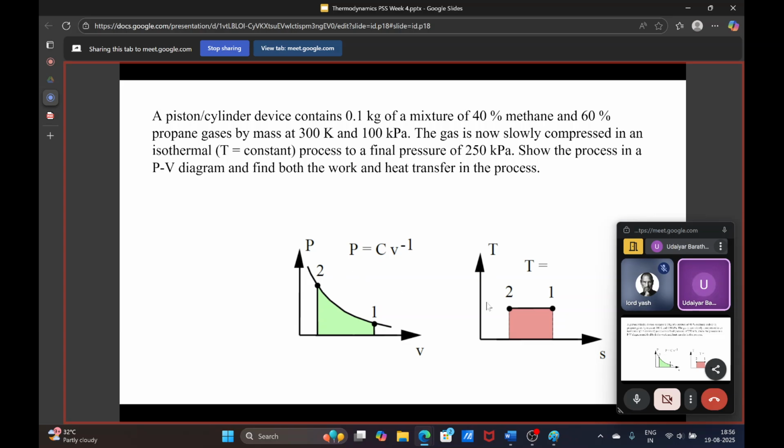TS you will see later, you can see the TV diagram. So one is at lower pressure, higher volume, and the pressure is at 100 kilopascal. You are compressing it isothermally. So this is how the process will look, 1 to 2. And similarly in a TV diagram, it's a constant temperature process, isothermal.